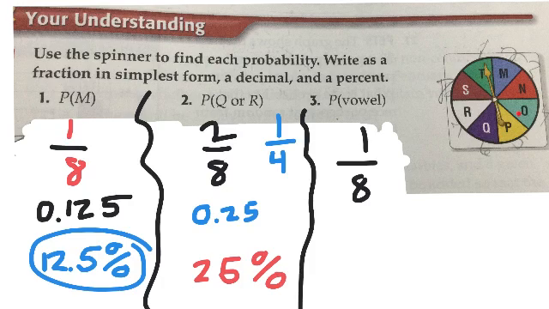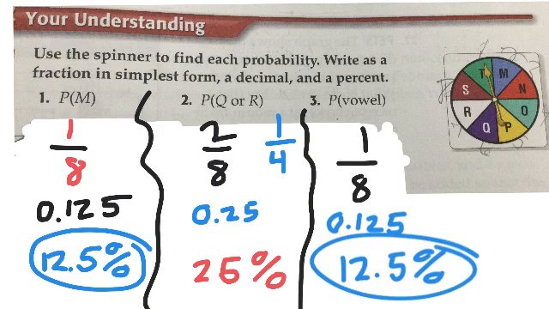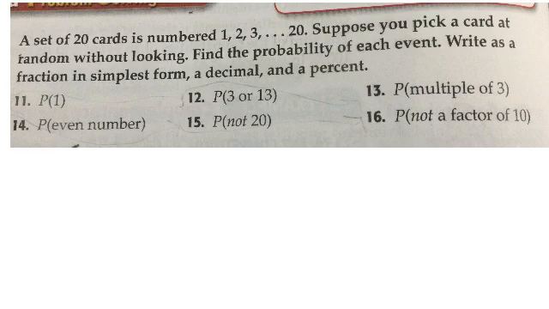O. Your vowels are A, E, I, O, and U. Yes, Y can make a vowel sound. So this is 1 out of 8. Now let's make that into a decimal. 0.125. And then as a percentage, 12.5 or 13%.